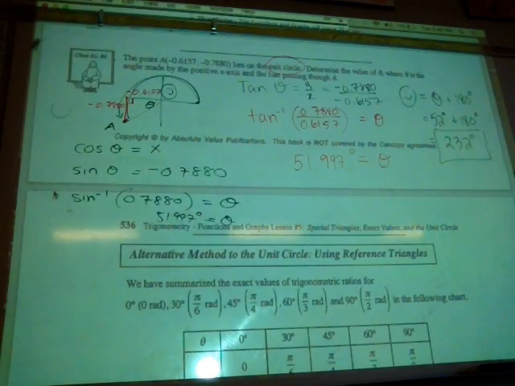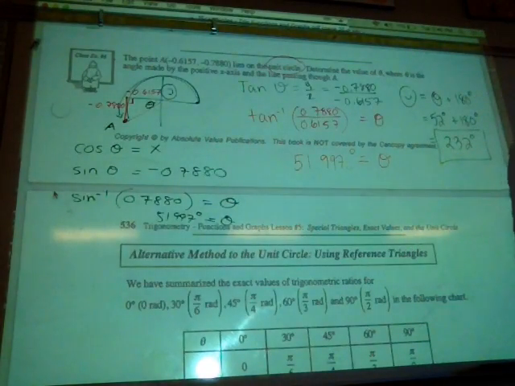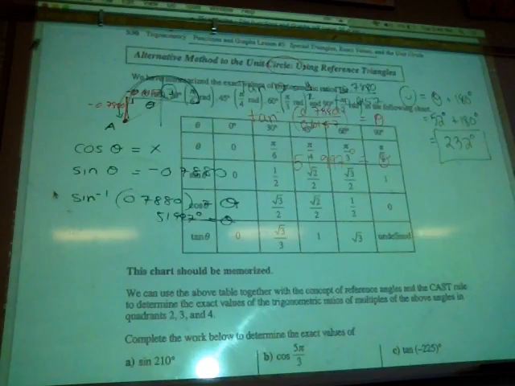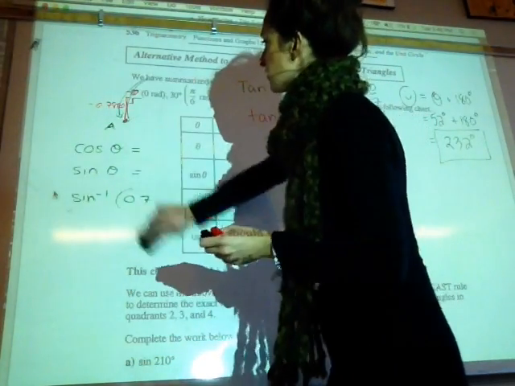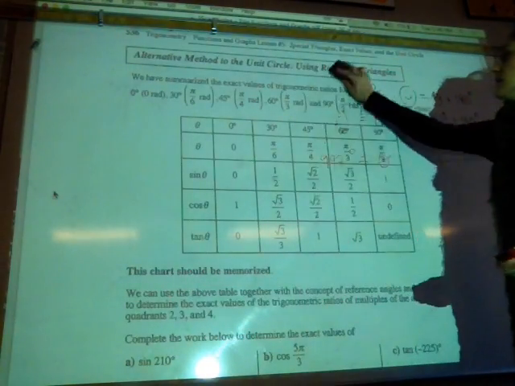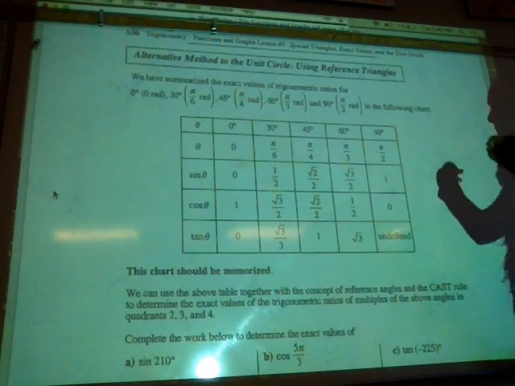Okay, and like Booker was saying, you can use tan, sine, or cosine on your calculator. So on the next page, we've pretty much done this part already, talking about how we can use the special triangles to figure out the ratios. The workbook tells you you need to memorize this chart.